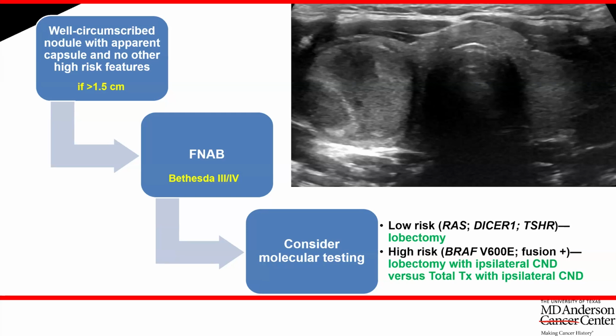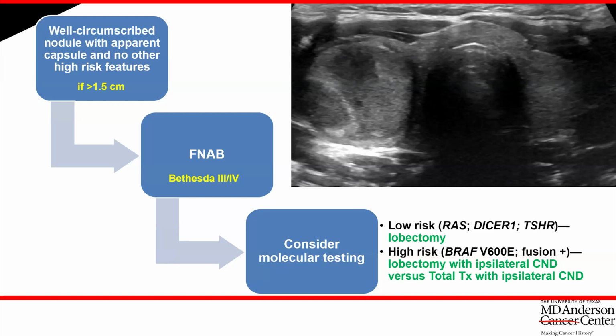But if I choose to do a lobectomy, I would also ask my surgeon to do an ipsilateral central neck dissection, because knowing the underlying genotype predicts that if it's high risk, they're likely to have ipsilateral central neck lymph node disease. Or you could choose to do a total thyroidectomy, again, with perhaps the ipsilateral central neck dissection.